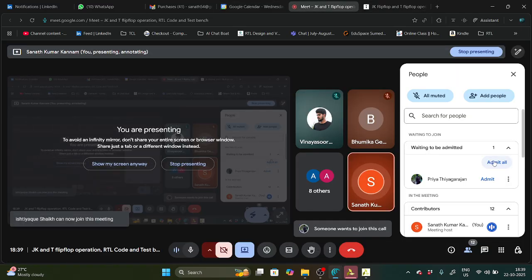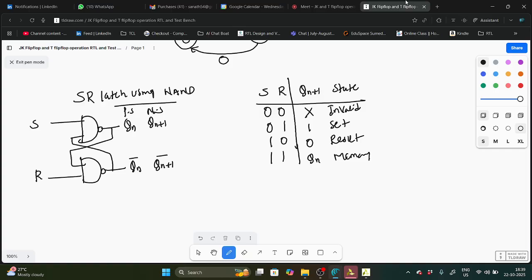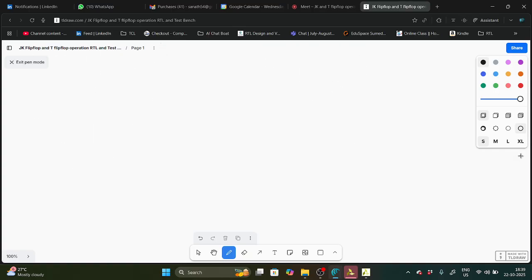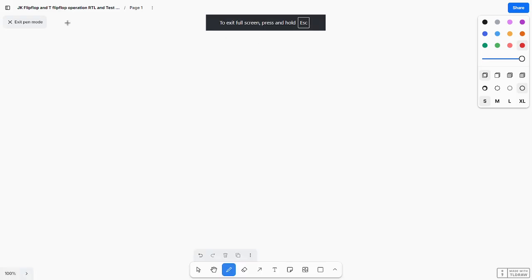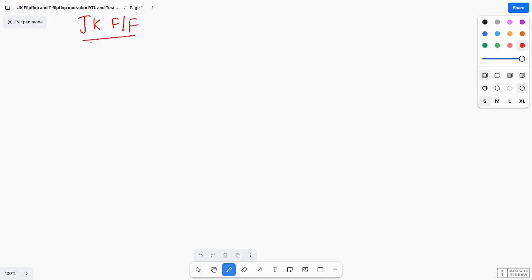So I'm writing the JK flip-flop. How will it look? JK flip-flop will be like this. This is a NAND gate, and this is one more NAND gate. The clock is connected here, this is the path of the clock.